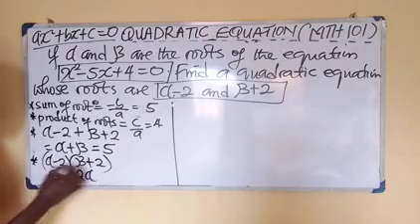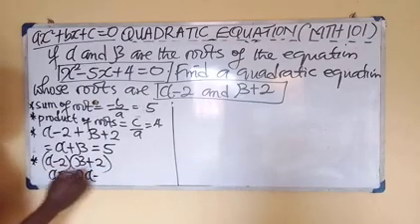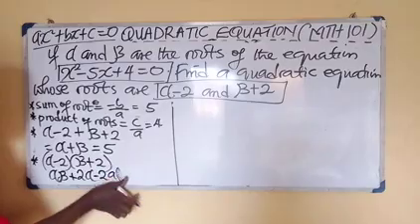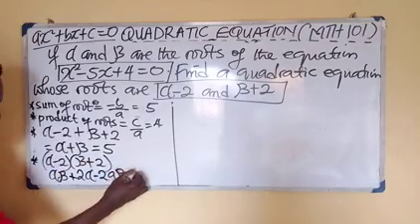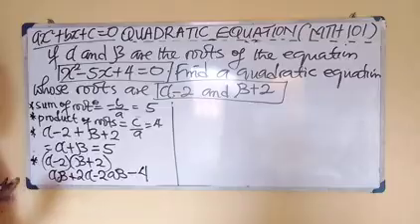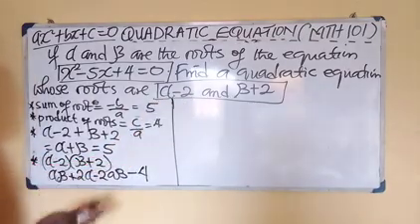Then minus 2 times beta, I have minus 2 beta. Then minus times plus is minus, and 2 times 2 is 4. Very easy. So if I've gotten this, I have to simplify further.